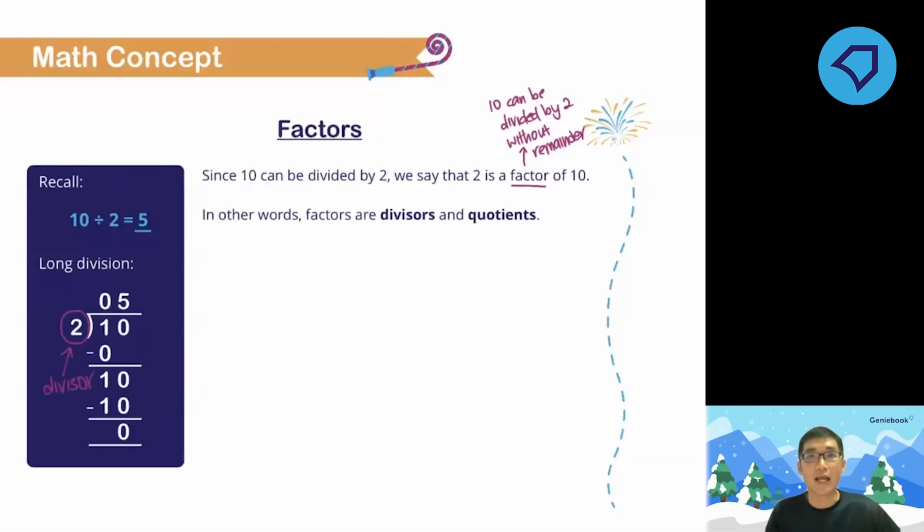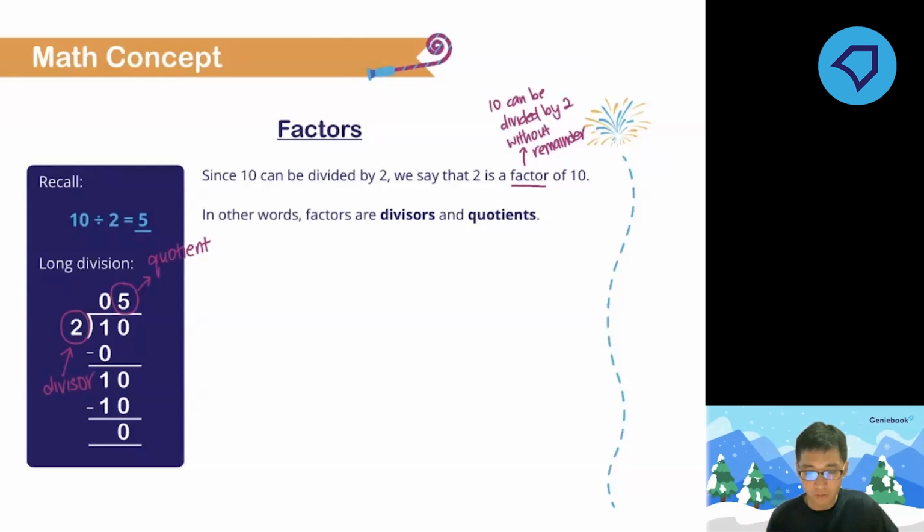And the answer which we get from the division of 10 by 2, in this case 5, is what we call your quotient. All right. So 2 and 5 are both factors of 10 because 10 can be divided by 2, 10 can be divided by 5 without any remainder.